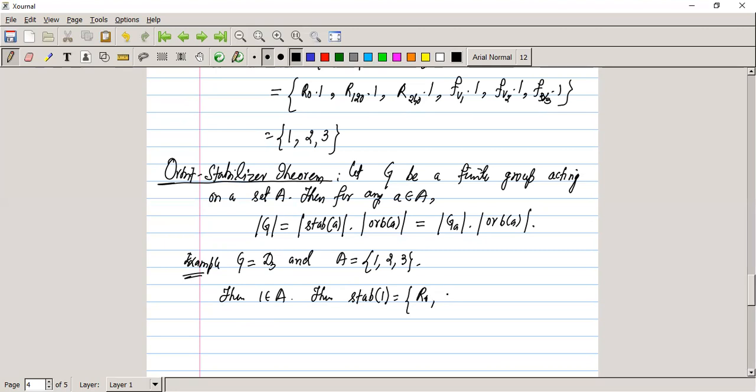One was R0 and another was FV1. And in fact, previously we defined here the orbit of 1. Orbit of 1 contained three elements from the set A, that is 1, 2, 3.